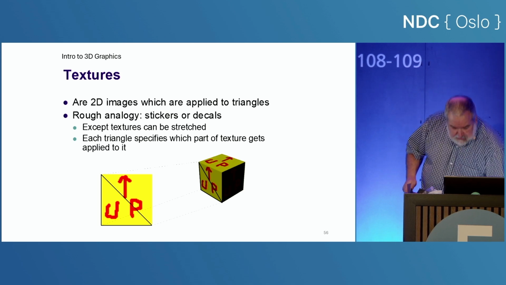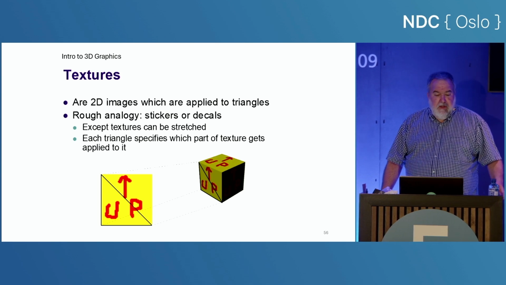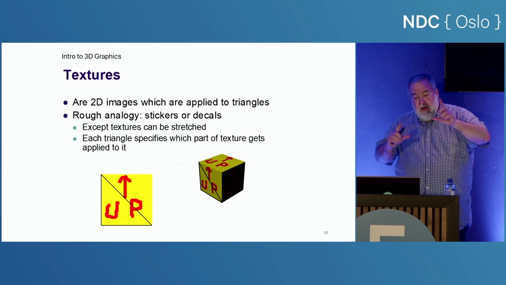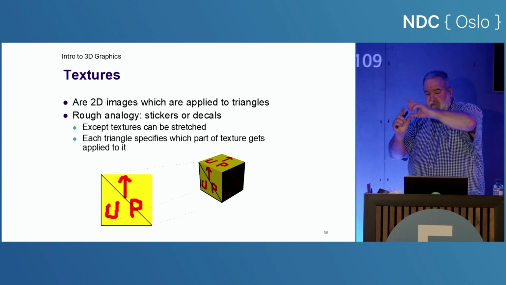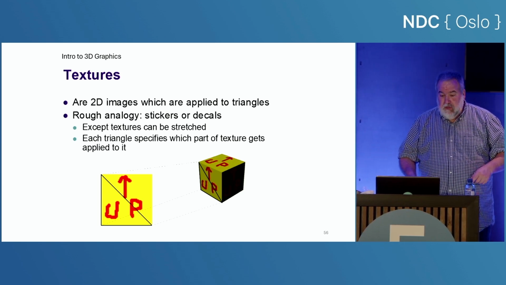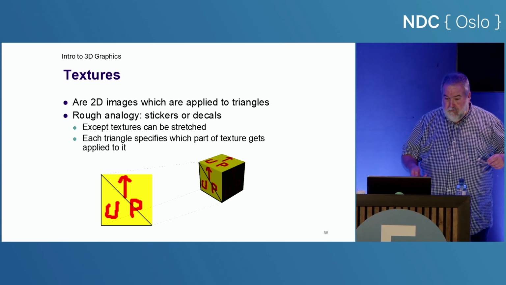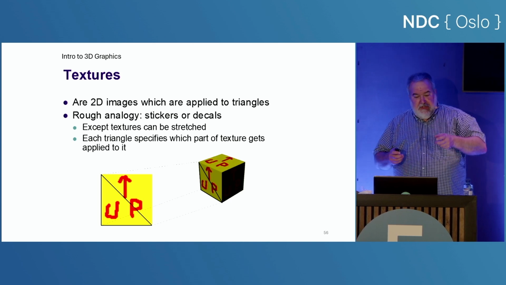So we got our textures we talked about, and there is the triangle, let's say the bottom corner of that up sign, and that gets painted on a rotated and distorted triangle of the side of the up on the cube. As you rotate them, they effectively get stretched.